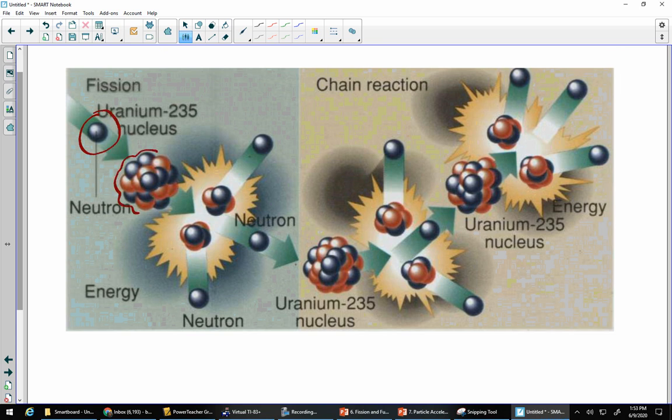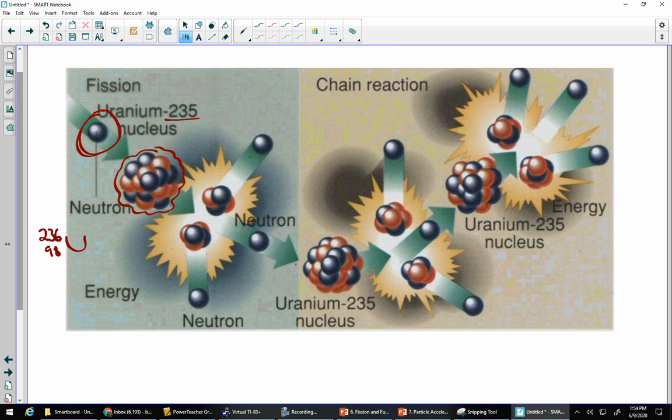A very common one for this is uranium-235. That slow-moving neutron bombards a uranium-235 nucleus. Because we're just adding one extra neutron, it very briefly becomes uranium-236. I believe uranium has an atomic number of 98.